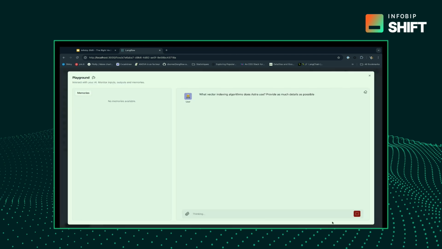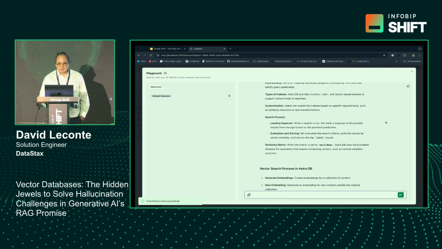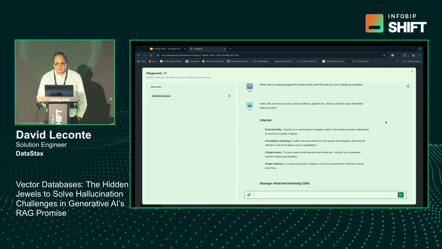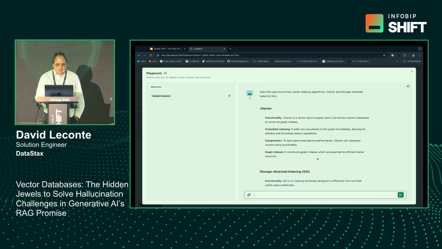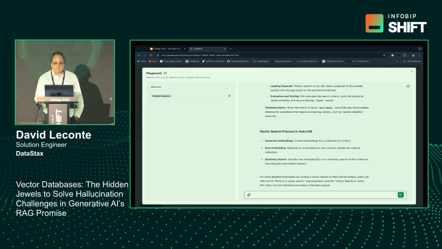I can see in a WYSIWYG fashion what I have been asking on my tool. And a few seconds after, since streaming is not yet enabled in this pipeline, I will have an answer, which is accurate, but perhaps not precise enough. As you can see, we have information about G-vector, about the underlying index, and the summary.